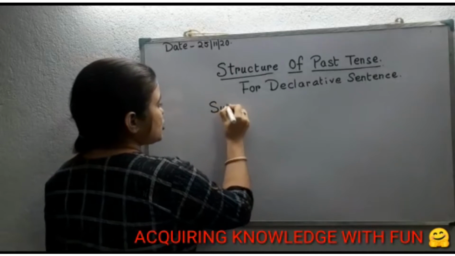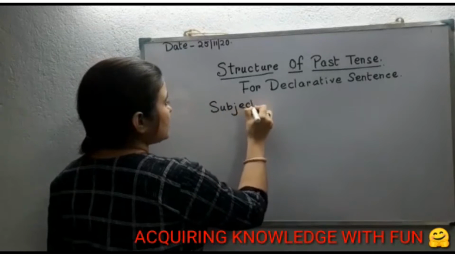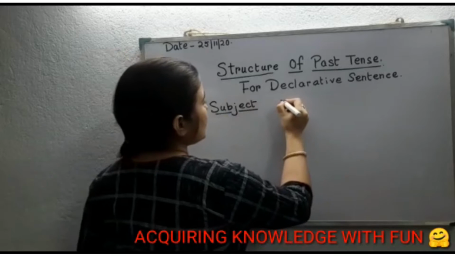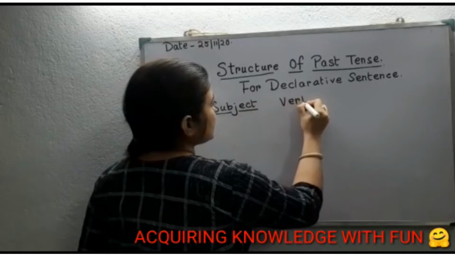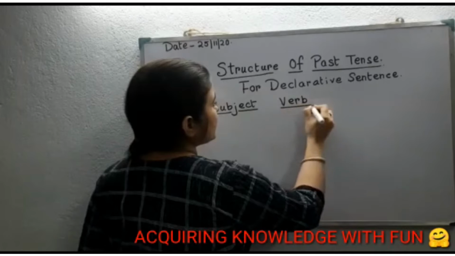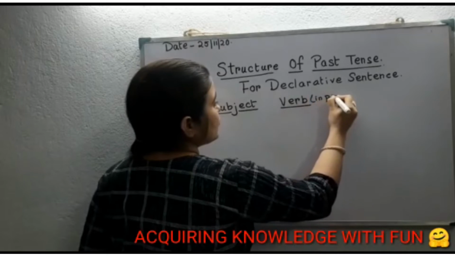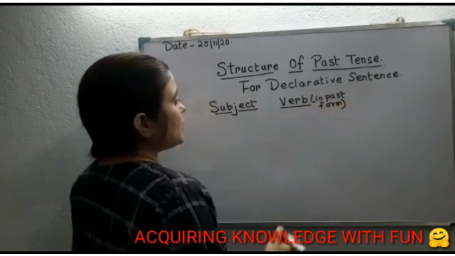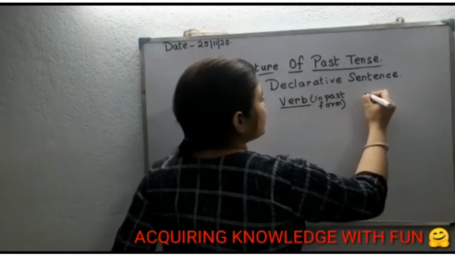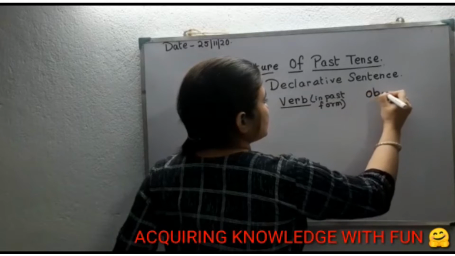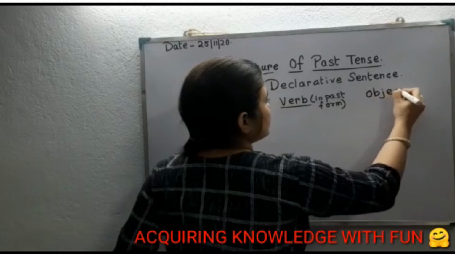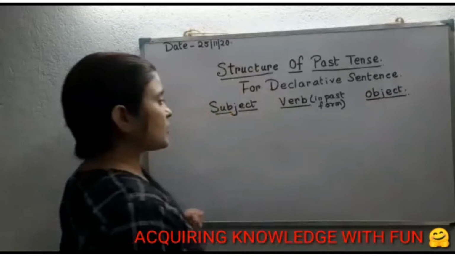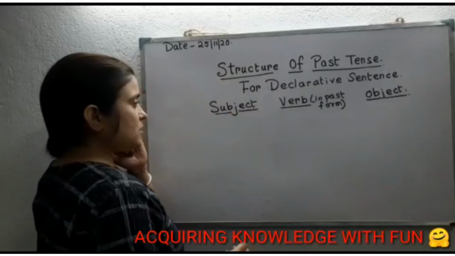First, we should take the subject, and then the verb in past form, okay, verb in past form, and then the object. Okay. So let's start.